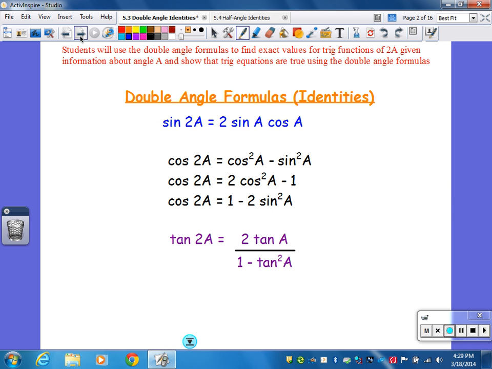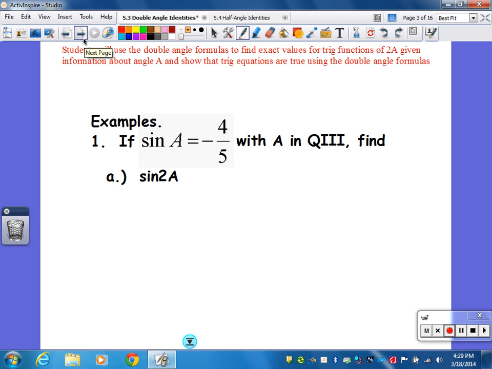Okay, so here are all the double angle formulas or identities that we'll be using in this section. Find them on your formula sheet. We will be using them often. First question: if sine A is equal to negative 4/5 with A in quadrant 3, find sine of 2A.